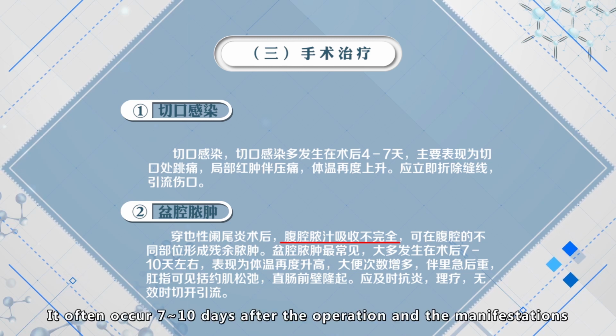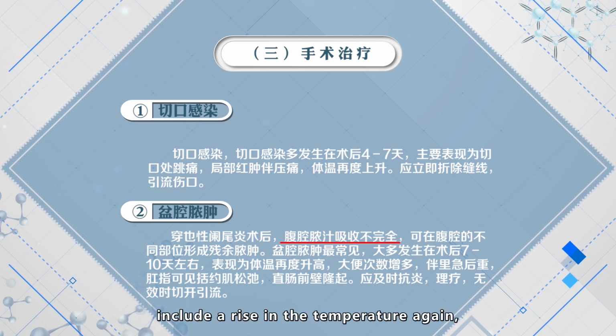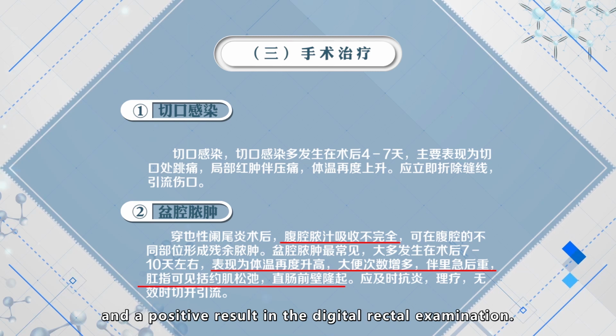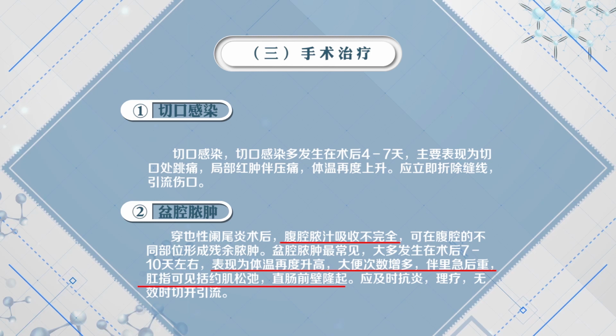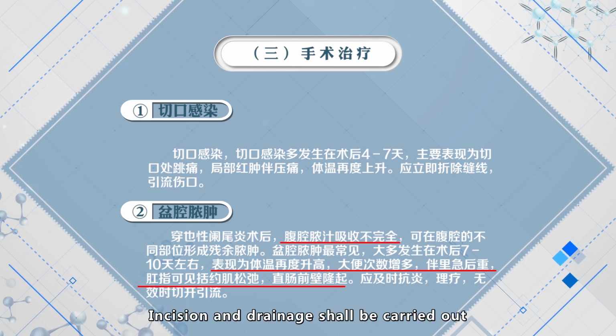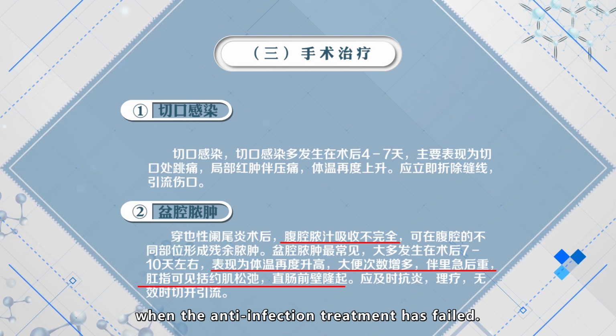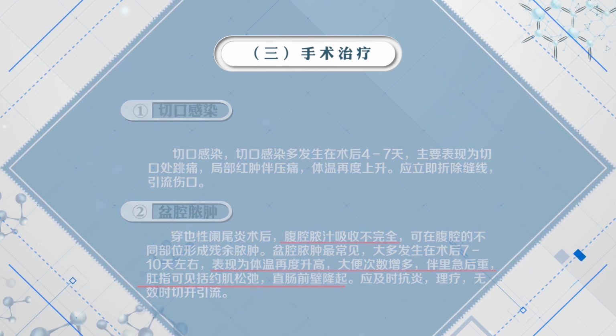It often occurs 7 to 10 days after the operation, and the manifestations include a rise in the temperature again, increase of the defecation frequency, tenesmus, and a positive result in the digital rectal examination. Incision and drainage should be carried out when the anti-infection treatment has failed.